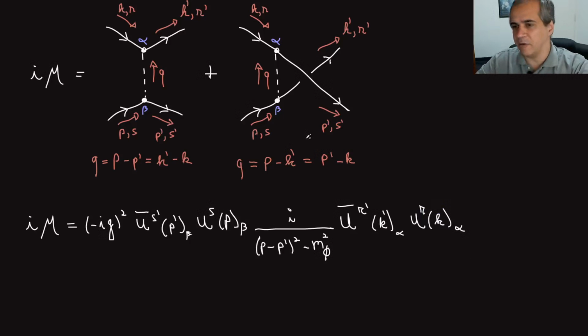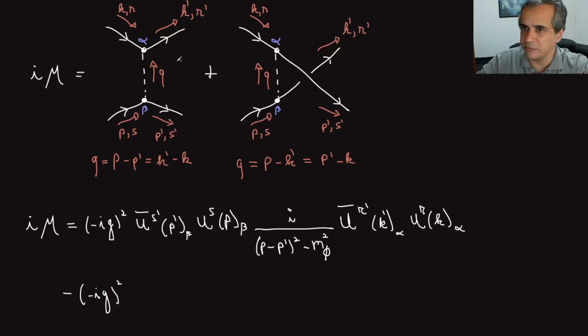This second diagram, right, it's different from that one by the exchange of a fermion, right? I'm exchanging this leg by this leg. And we know that when that happens, there's a relative minus sign, right? The coupling is the same, minus iG squared. And now I just have to follow the fermion lines like I did for this one.